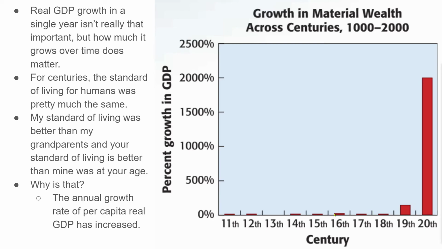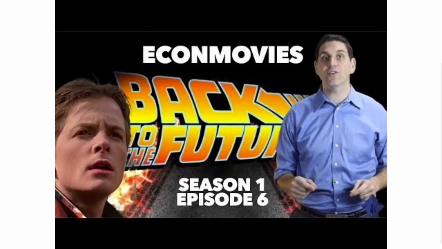If you were to travel back in time between the 11th century and the 18th century, or even further back, the quality of life was not very different. For people alive in the 20th and then the 21st century, our standard of living is incredibly better than those of the past.